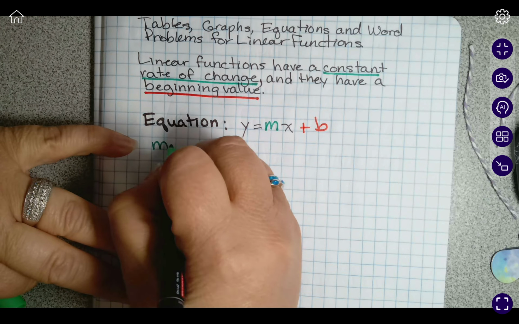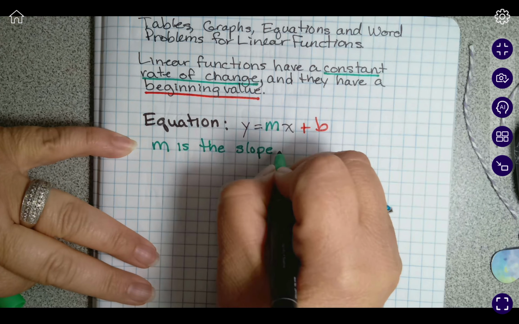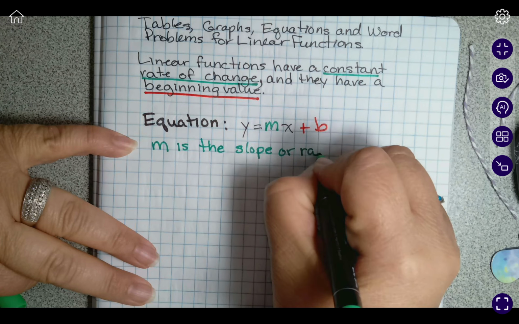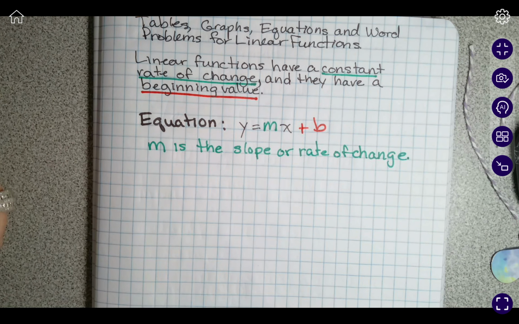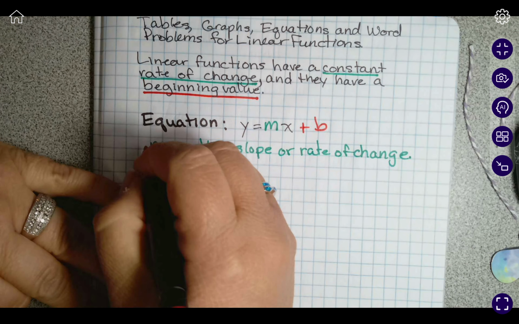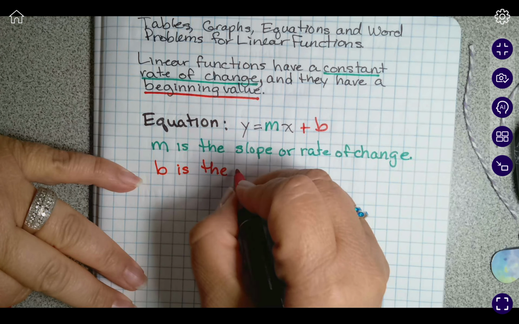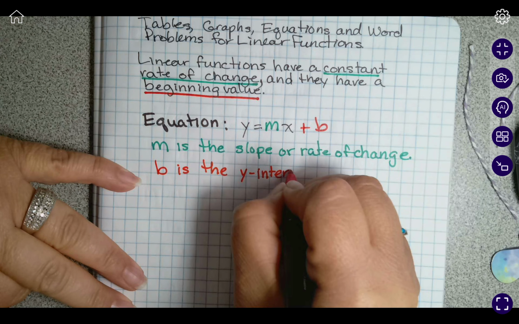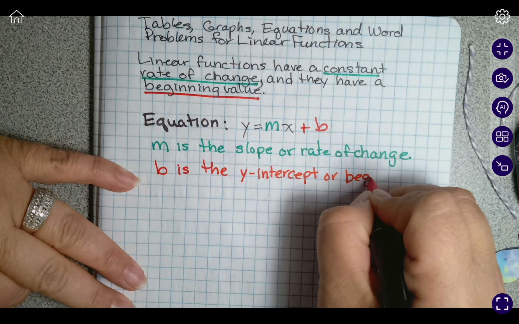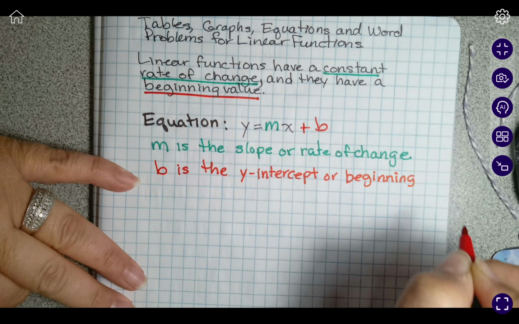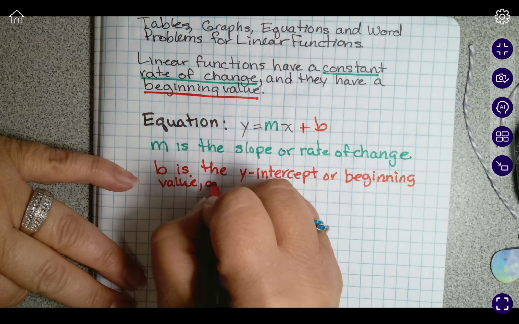Where m is the slope or rate of change. B is the y-intercept or beginning value, or sometimes even starting value.